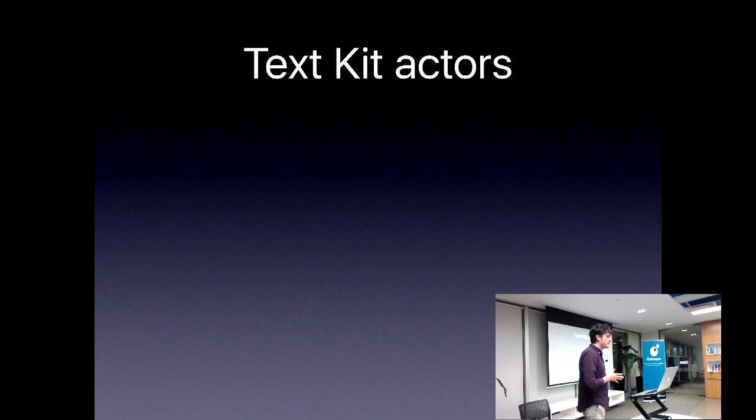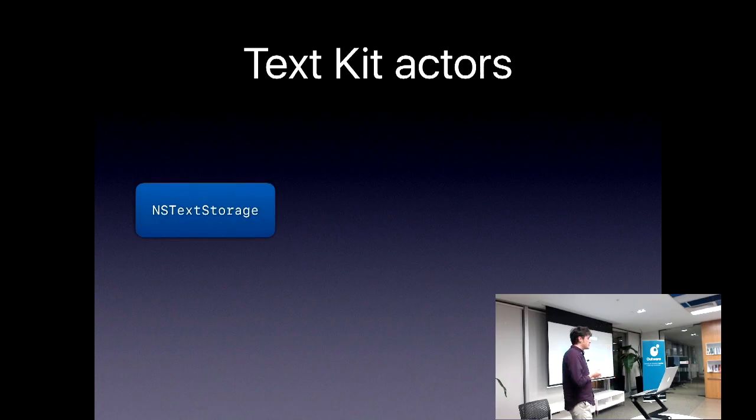TextKit has several actors, as I call them, which are the core classes that comprise a TextKit stack. It starts off with an NSTextStorage object. That is basically a mutable attributed string with some extra smarts to track changes to it, including character changes and attribute changes.